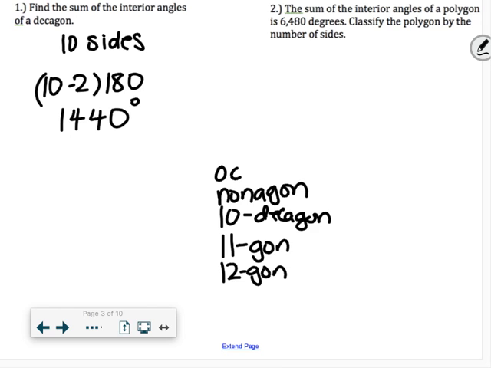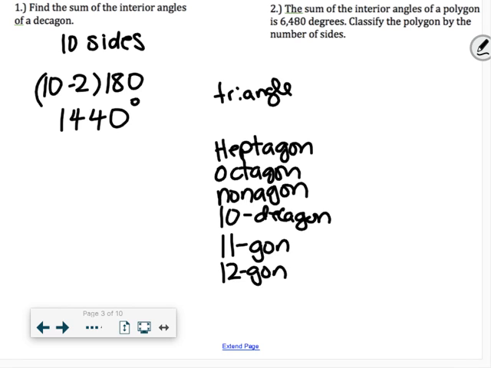Okay? So all the way from triangle, quadrilateral, pentagon, hexagon, heptagon is 7, octagon is 8, nonagon is 9, 10 sides is a decagon. But after 10, there are bored mathematicians who have named shapes up to probably a 150-sided shape using Latin and Greek prefixes.